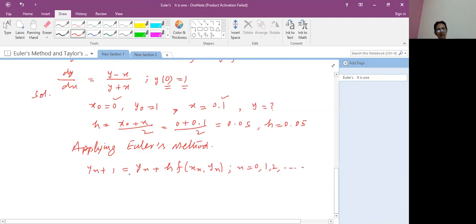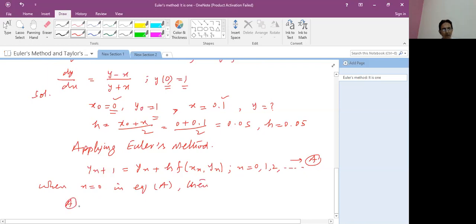Students, we start from 0, which means the initial condition. If we call this equation A, and put n equals 0 in equation A, this implies y1 equals y0 plus h times f of x0, y0.